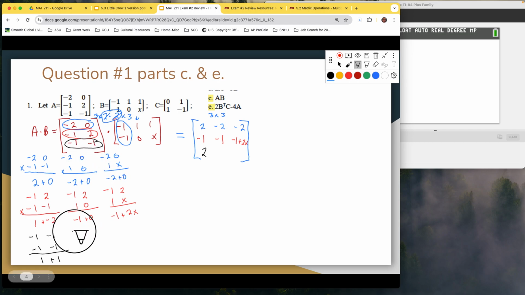Negative 1 times 1, 0 gives us negative 1, 0, add them together, we have negative 1. And then finally negative 1, 1x, we get negative 1 minus x, and that goes right there because they're not like terms, nothing we can do.